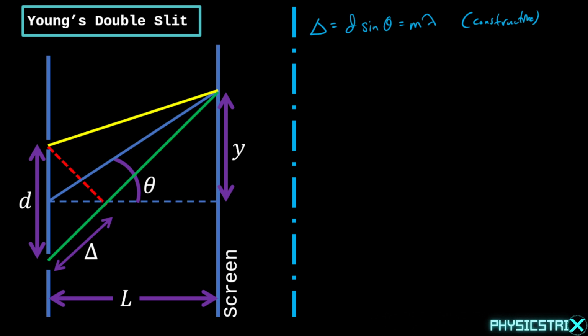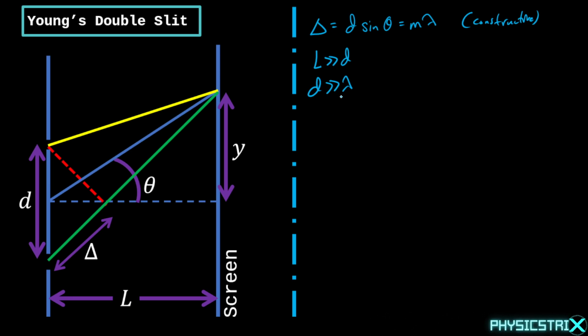So if we have L much bigger than d, what we know is that we can also assume that d is much bigger than lambda, right?